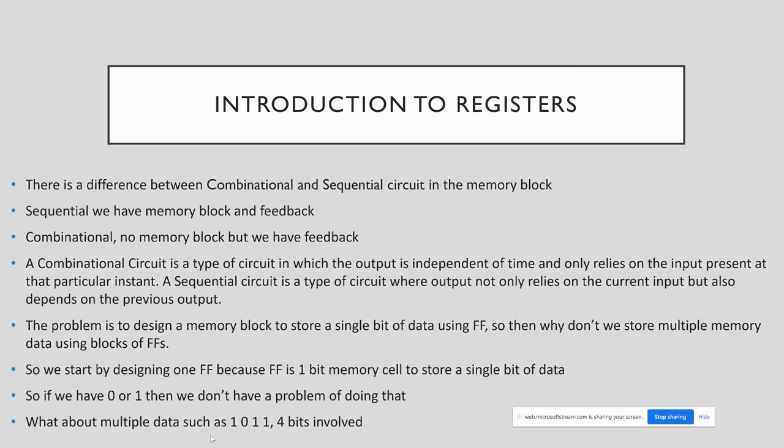If we have 0 or 1, then we don't have a problem. But what about multiple data, for example 1011, which is 4 bits? That's why it's very important you understand flip-flop circuits from my previous tutorial, to understand why we are using flip-flops.